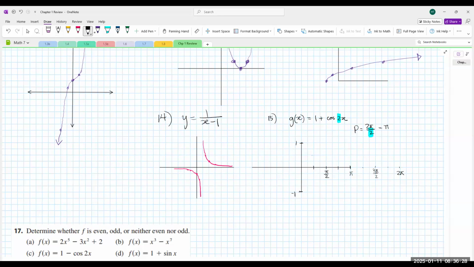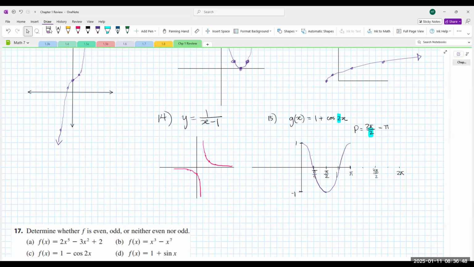At pi over 4, it already dies down. So the graph will look like this. That's what the graph looks like.